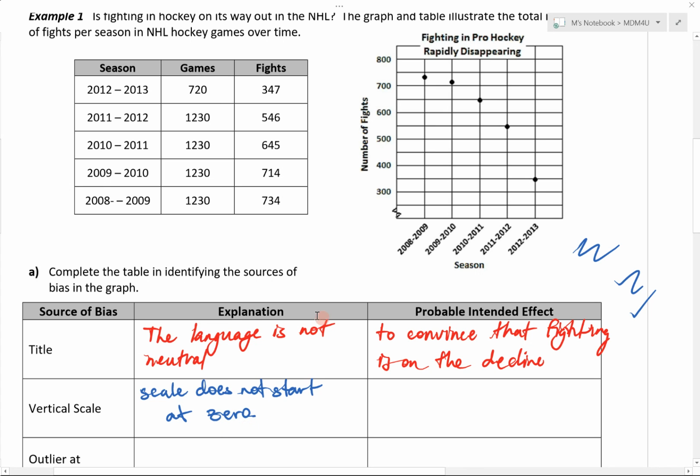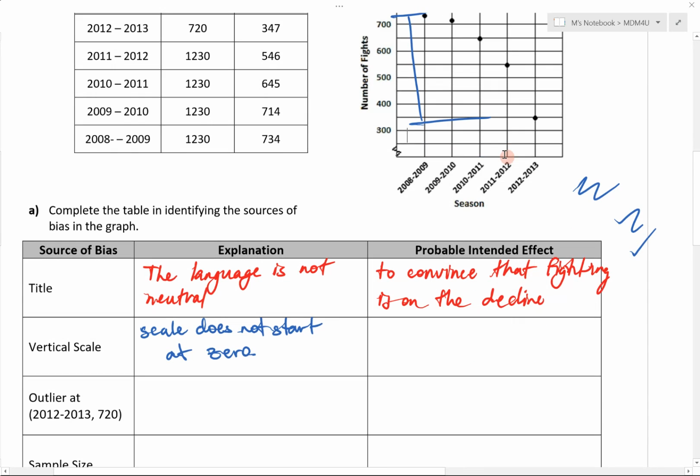So what's happening if you don't start at 0? Well, you are exaggerating the distance between this uppermost point and this lowermost point. Because if you had started this from 0 and evenly drawn your scale, then this whole thing would be much shorter. So now by changing that scale, you're exaggerating the difference between those points for a much more dramatic effect. So you're exaggerating the downward trend.